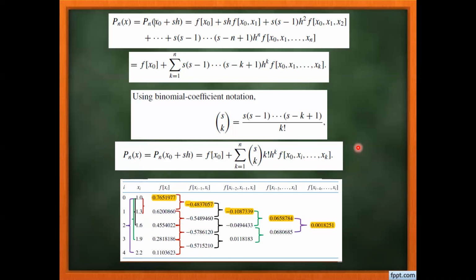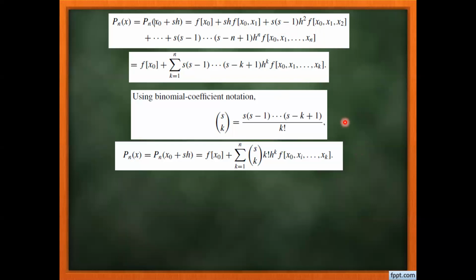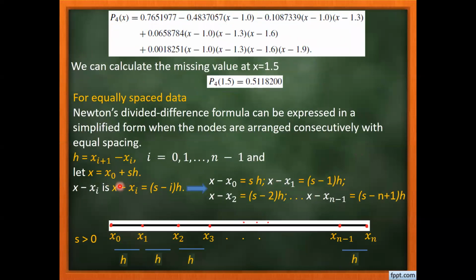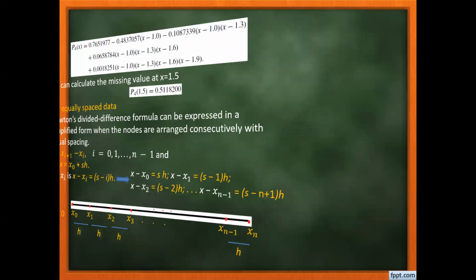If it is unequally spaced, we will use the form of x minus xi's. And if it is equally spaced, we can replace that form with s and s minus i times h. So do make sure that you have done the previous slide as an activity and calculate these x minus xi's yourself to make sure that you grasp this idea of how this polynomial is being developed.